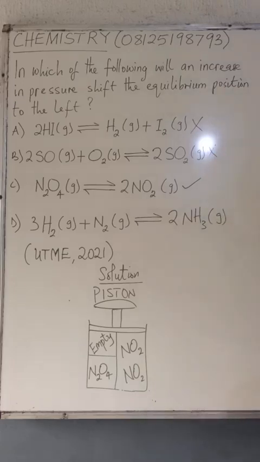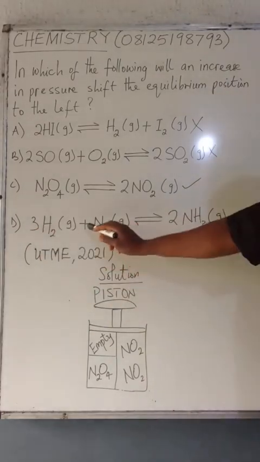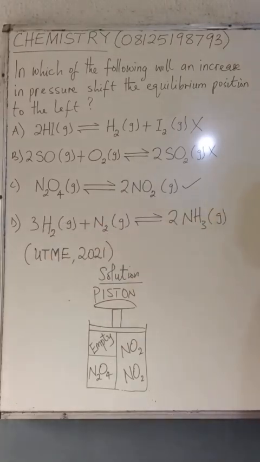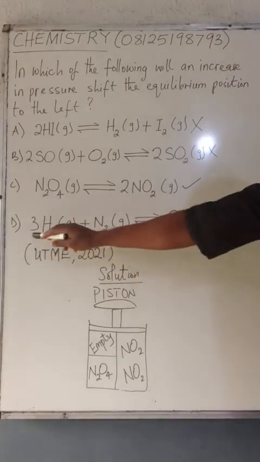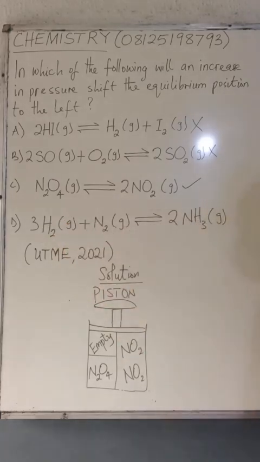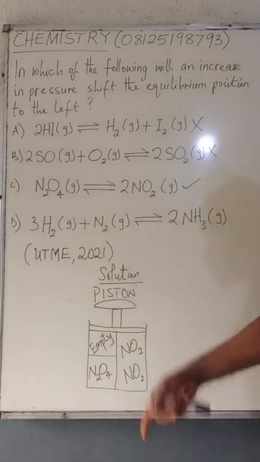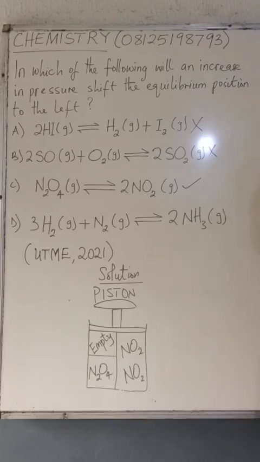And then let's look at option D. The coefficient here is 3, and the coefficient here is 1. 1 plus 3, 4. That means if you place option D in a beaker like this, the volume of the reactants is more than the volume of the product. That means the reactants will meet the piston first before it meets the products.